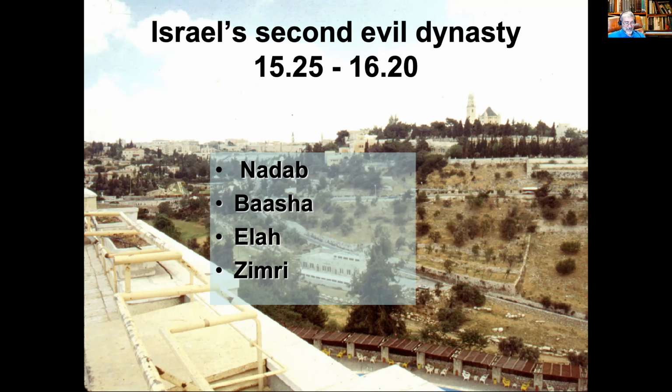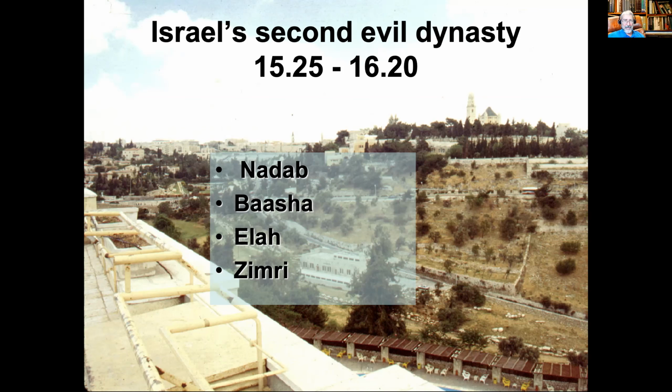In the 31st year of Asa, king of Judah, Omri began to reign over Israel, and he reigned for 12 years, 6 years in Tirzah. He bought the hill of Samaria from Shemer for 2 talents of silver, fortified the hill, and called the name of that city Samaria.